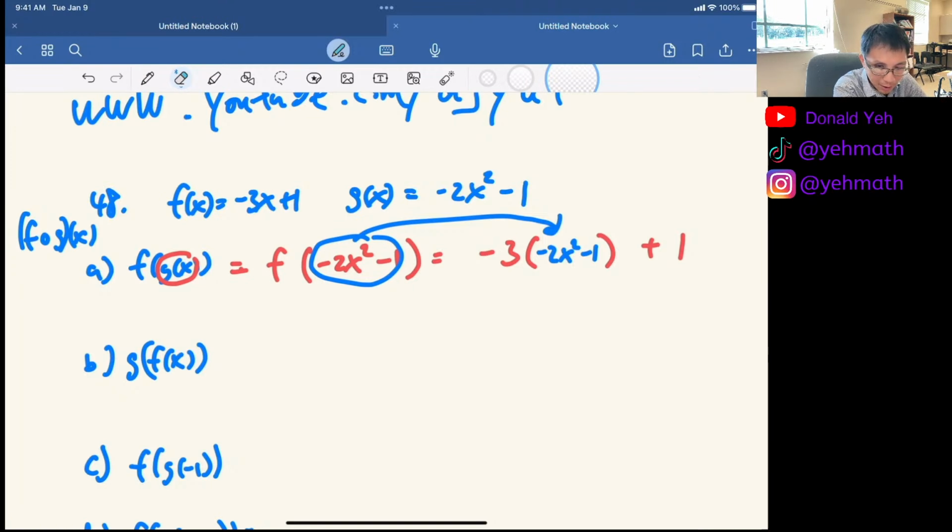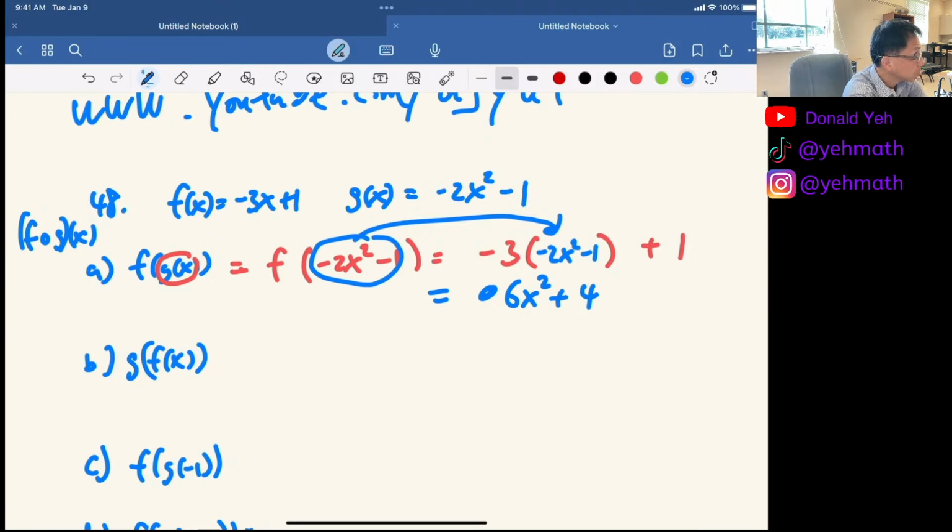So every x is going to be replaced by whatever is inside the parentheses. So that's equal to 6x squared plus 3 plus 1. So it's plus 4. So the answer is 6x squared plus 4.